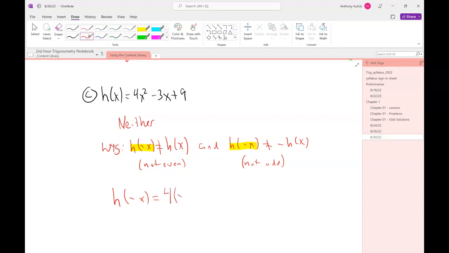Negative or 4 negative x minus 3x negative x plus. Everybody okay with this? Some of us, I think, we're simplifying at the same time. I was just trying to write down the substitution first, so that we're all on the same page. It wouldn't be wrong to skip that step and go right to the simplified form if you can do that, but not everybody can.